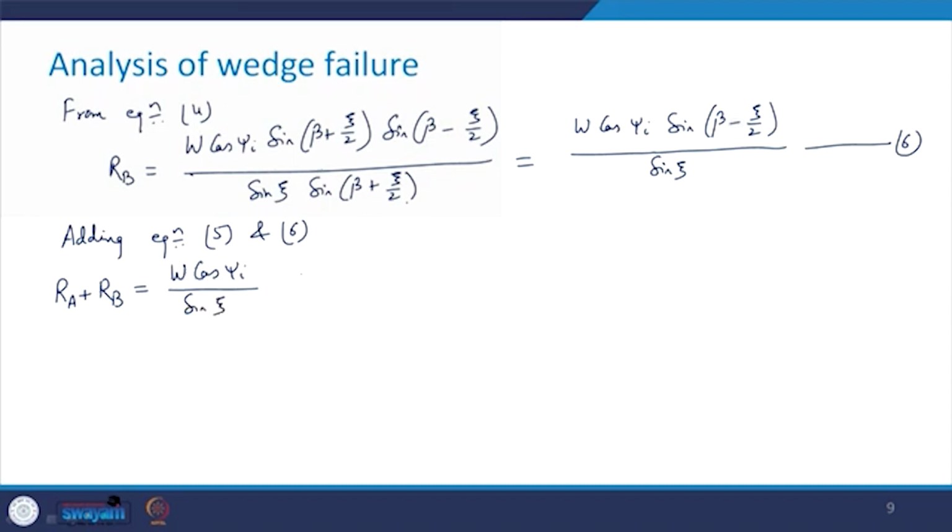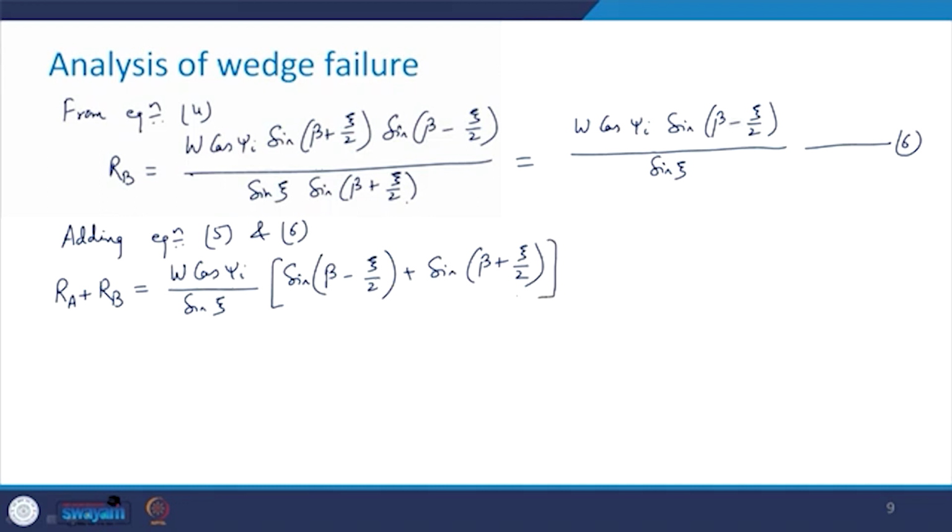This I take common, and what we will get inside is sine of beta minus zeta by 2 plus sine of beta plus zeta upon 2.